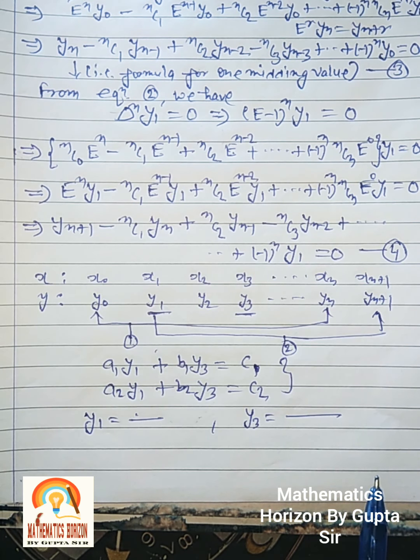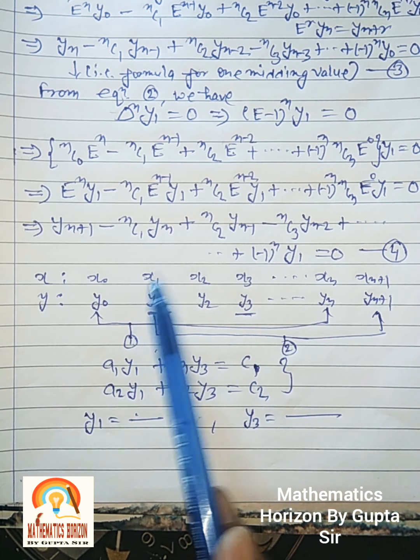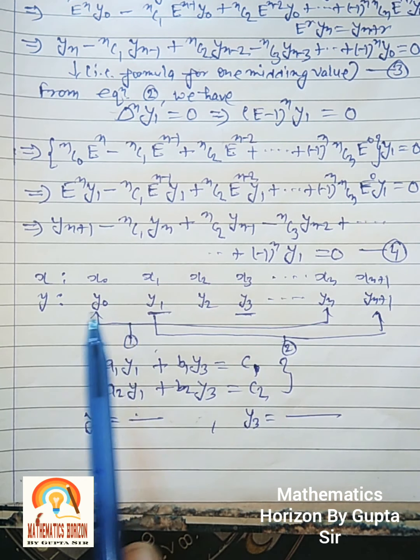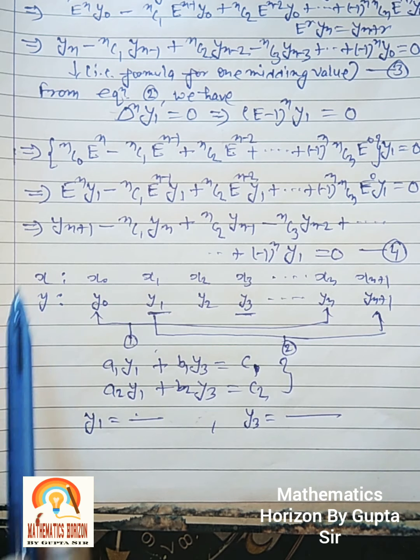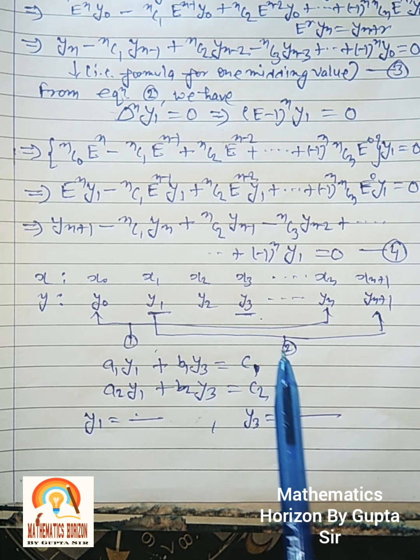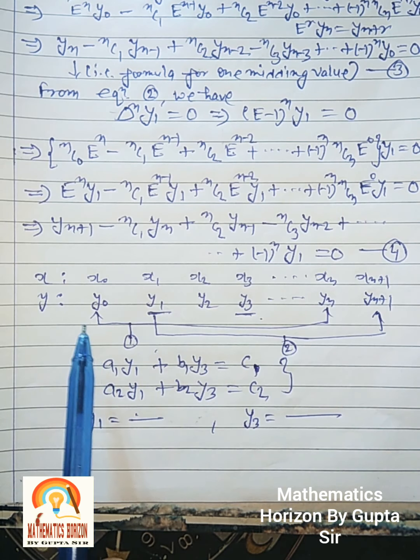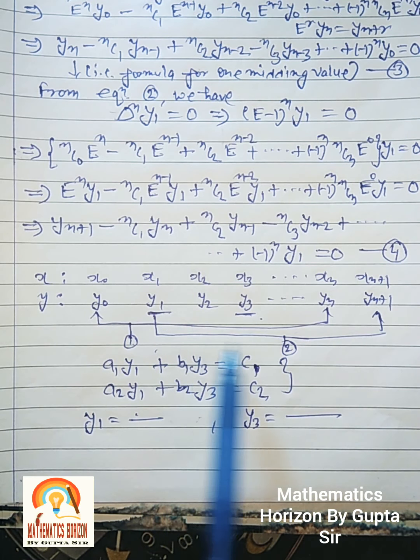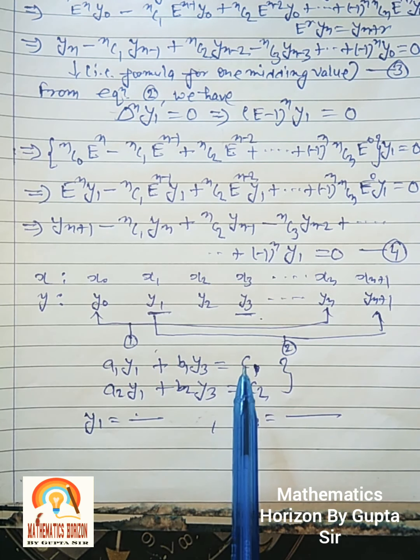Here our aim is to find out the values of the unknowns, and suppose in this figure these are the given set of values, and in both the equations we will get two unknowns, y1 and y3.